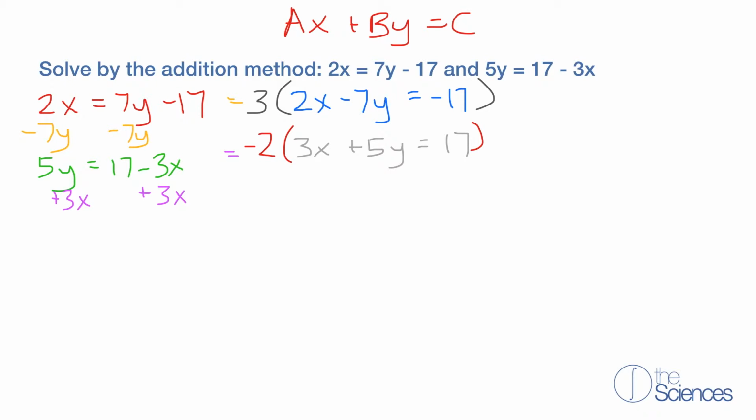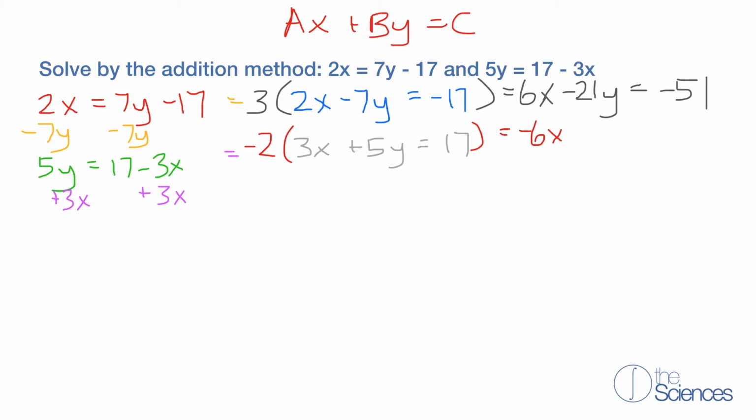So when we multiply our first equation, 3 times 2x is 6x. 3 times negative 7y is negative 21y equals 3 times negative 17 is negative 51. So in our second equation, we have negative 2 times 3x is negative 6x.